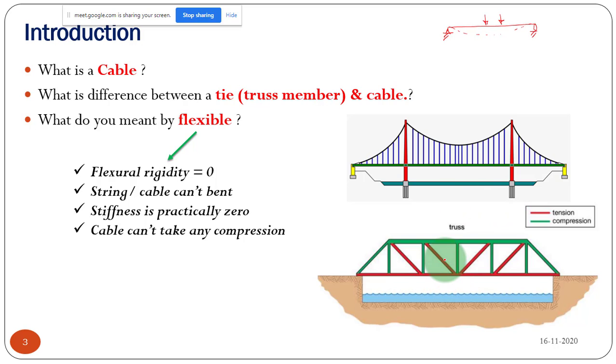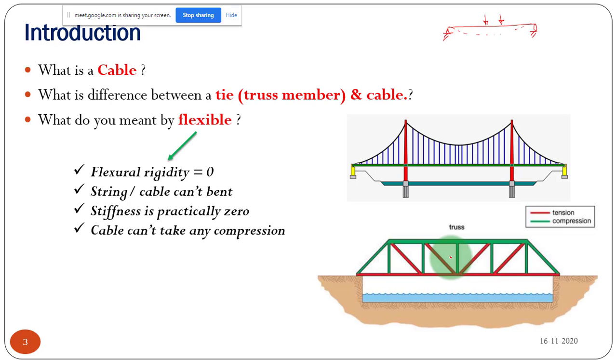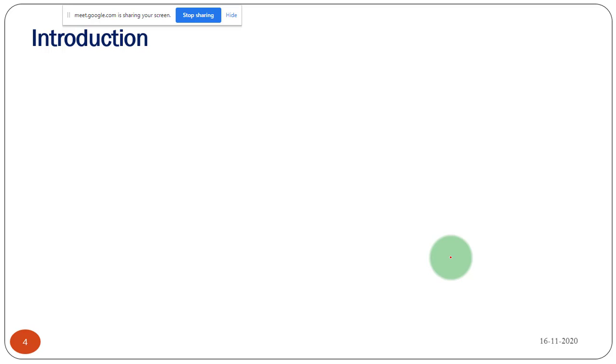But both are experiencing only tensile force. And in a truss, it can also take compressive force, but a cable can take only tensile force. It can't take any bending or any compressive force. We will see all those things in detail. We will have a brief introduction only.